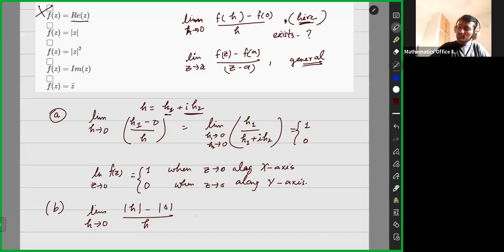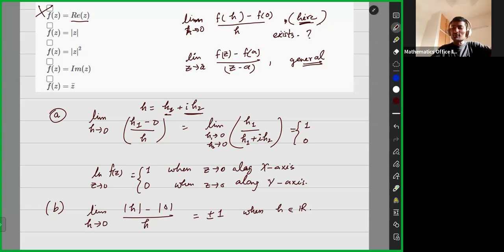So this is equal to 1 when h is a real number, h belongs to R, or approaching via the x-axis. But going from the left and going from the right, it becomes +1 or -1 depending on whether we approach 0 from the left or from the right.